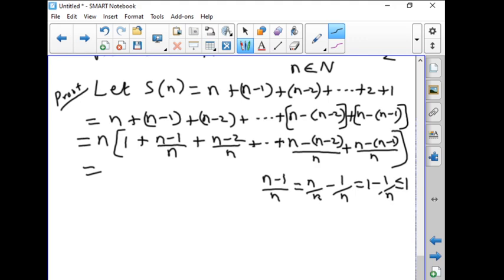Okay. Can you understand? n minus 1 by n எப்படி பிரிச்சு எழுதலாம்? n by n minus 1 by n. n by n வந்து 1 minus 1 by n. இப்போ 1ல இருந்து 1 by n subtract பண்ணா அது என்னவா இருக்கும்? கண்டிப்பா less than or equal to 1 இருக்கும்.